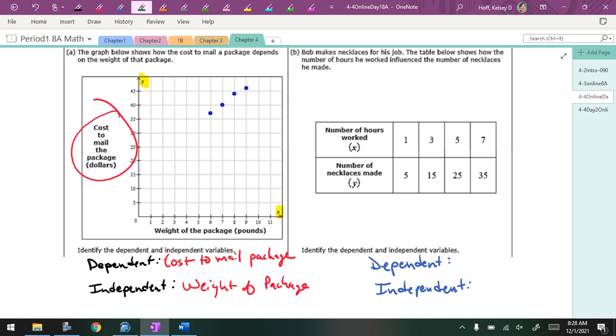Dependent, y, range. What is the label on our y's in this? Number of necklaces. How did you know that, Bryce? Y. Number of necklaces made. Dependent, number of necklaces made.